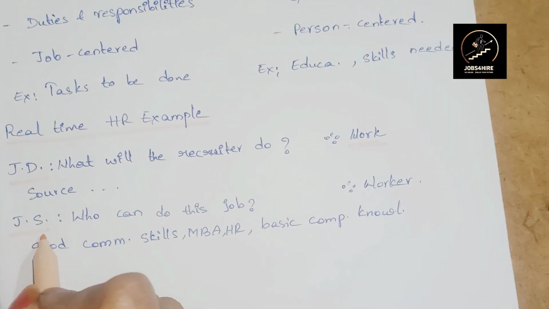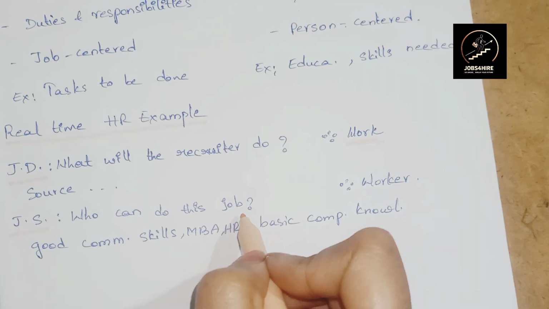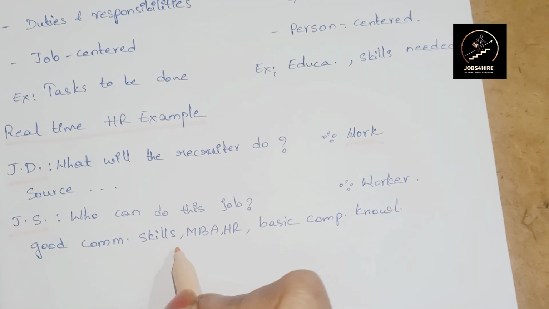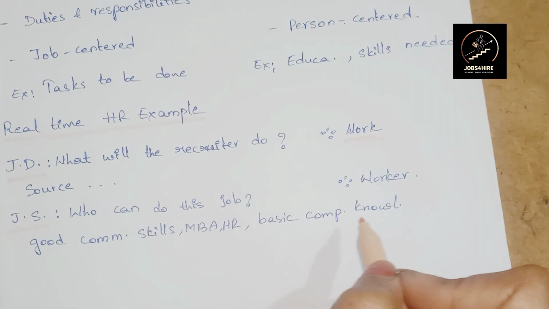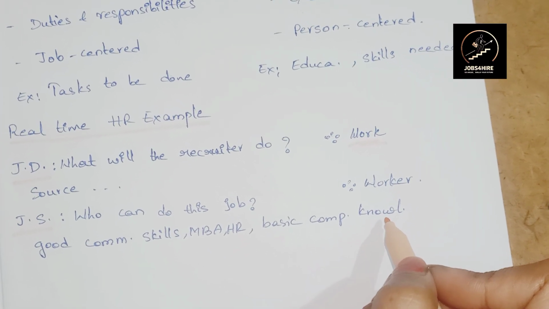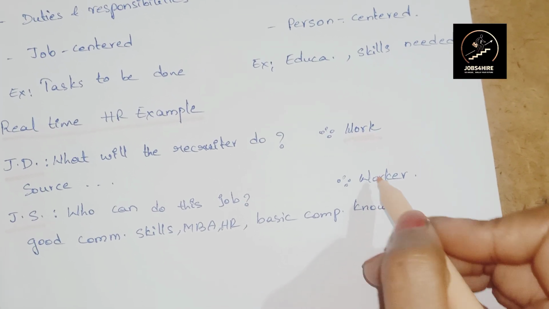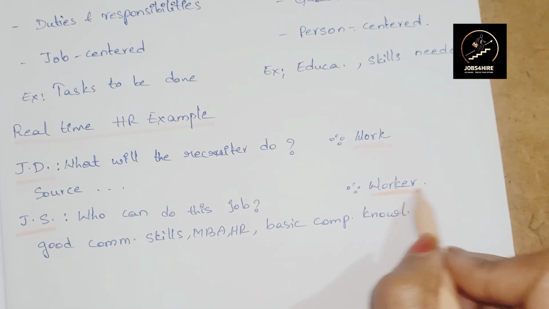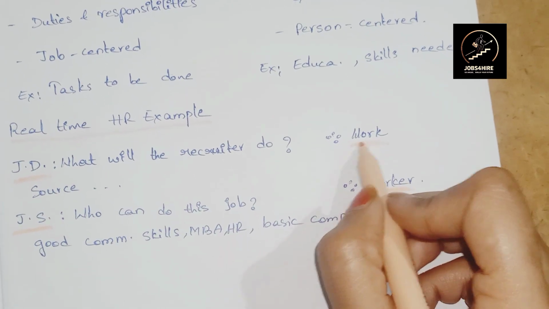For job specification, who can do this job? Good communication skills, MBA in HR, and basic computer knowledge are needed. So JS represents the worker, JD represents the work.